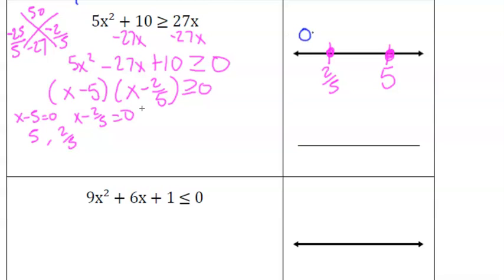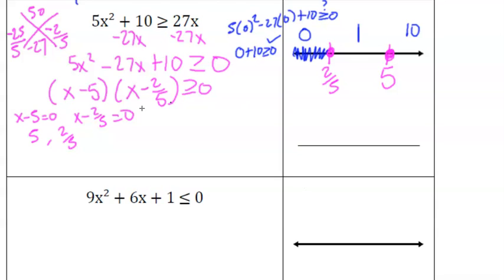So let's do 0 here, let's do 1, and let's do 10. Okay, so let's test out 0 first, using this formula right here. 5 times 0 squared minus 27 times 0 plus 10. Is that greater than or equal to 0? Is 0 plus 10 greater than or equal to 0? Yes, that works. So we're going to shade this side in.